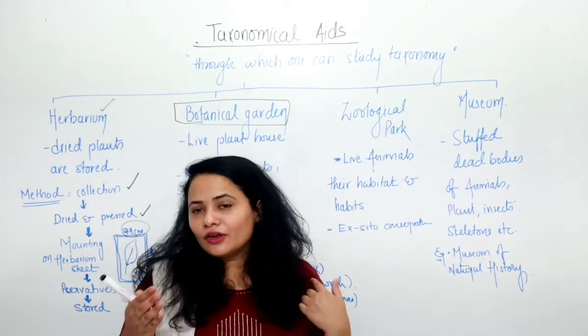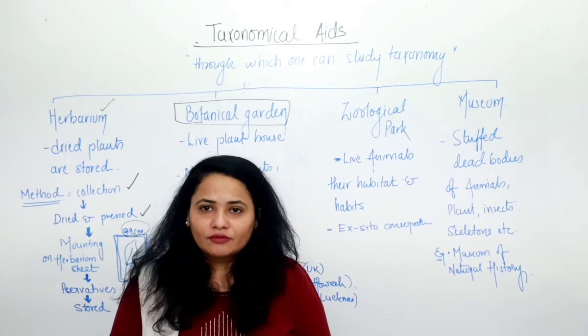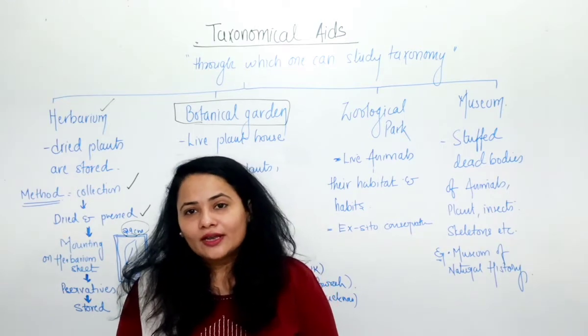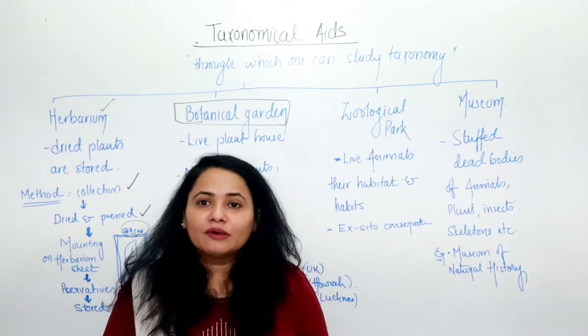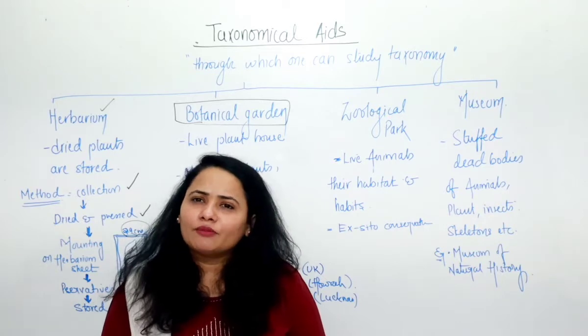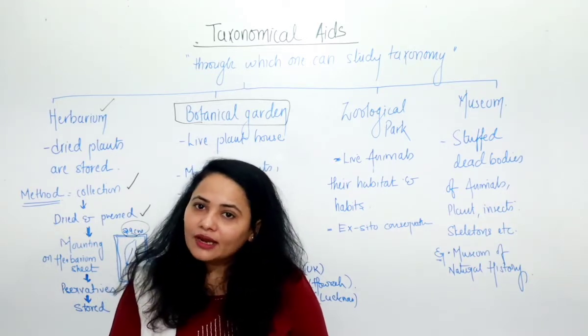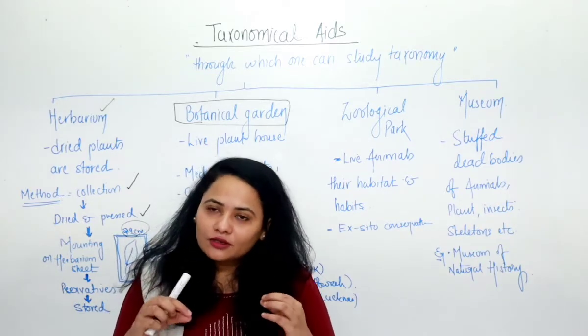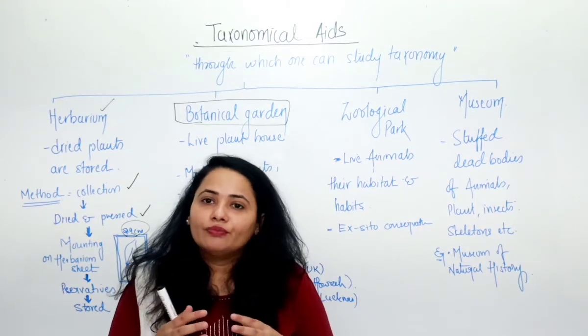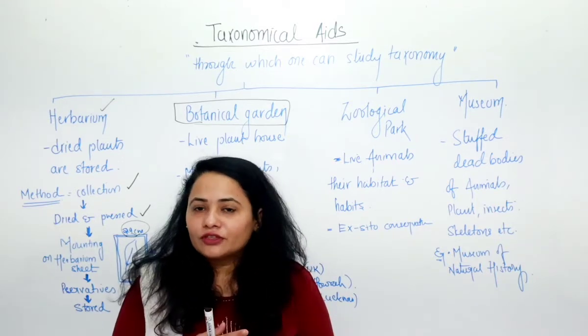A very good example is mummies, right? So what do we call them? Mummified animals. What do you mean by mummified? Mummified means some preservatives are kept inside and the skin is stitched, and they can be stored for a longer period of time.